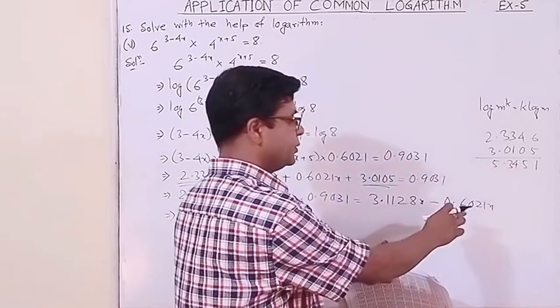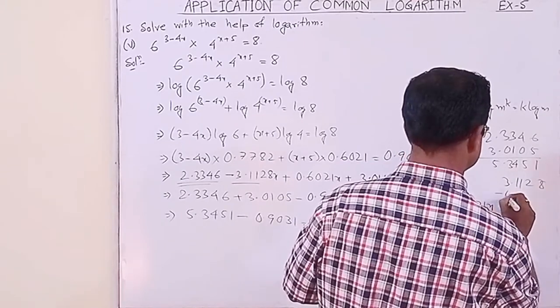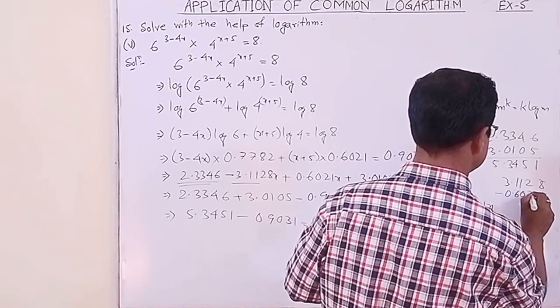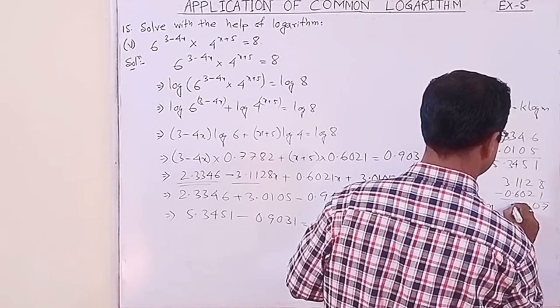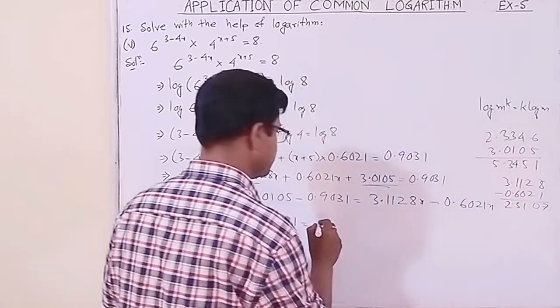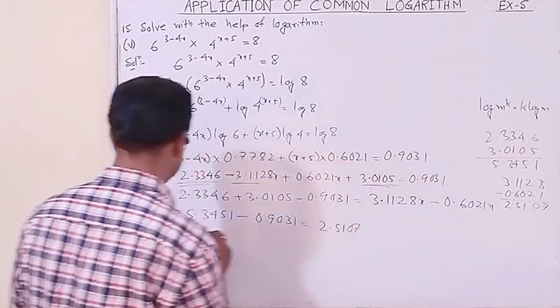Then let us subtract these two. 3.1128 minus 0.6021 is 2.5107.